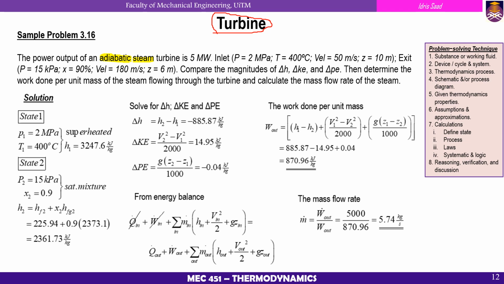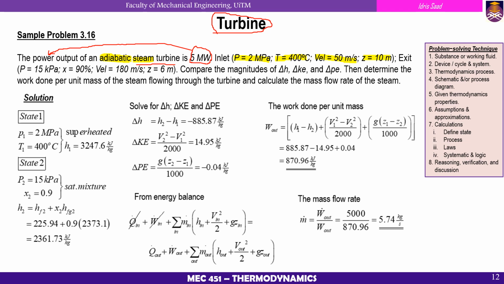So this is actually a steam turbine, a 5 megawatt steam turbine, so the power output of the system is equal to 5 megawatt. And it gives the data: the inlet pressure is 2 megapascal, inlet temperature is 400 degrees Celsius, and interestingly, it has a velocity of 5 meter per second and Z equal to 10 meter.